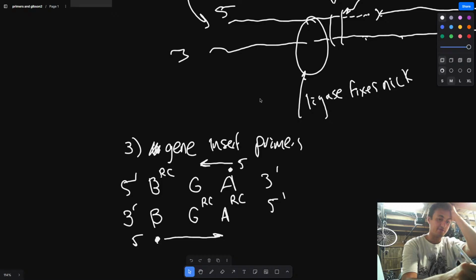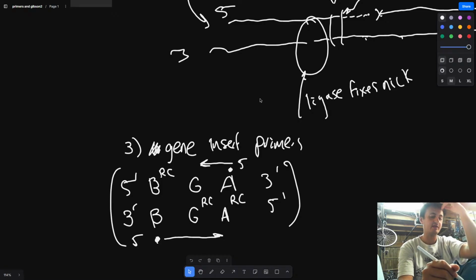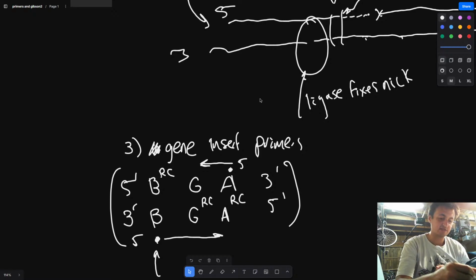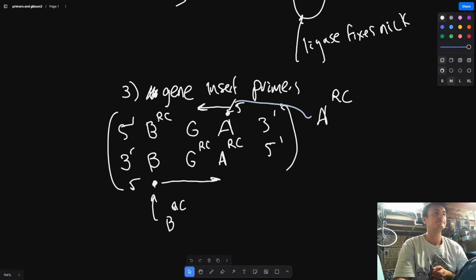If we want to copy and amplify this whole thing, then we don't want them pointing away from each other. We want them pointing towards each other. So what that means is that this is going to be BRC and this is going to be ARC.